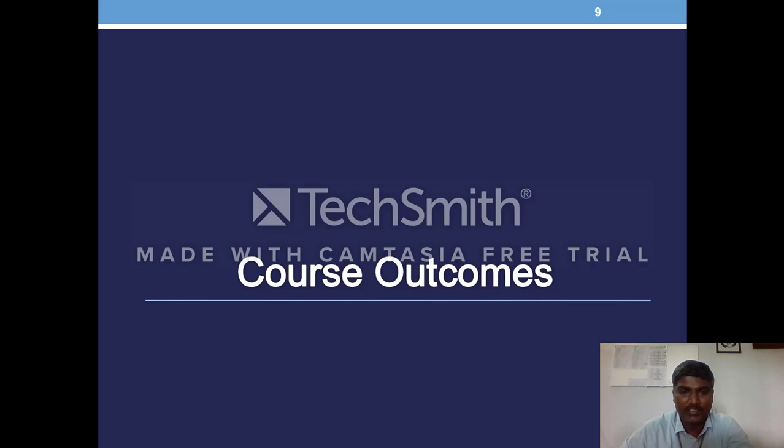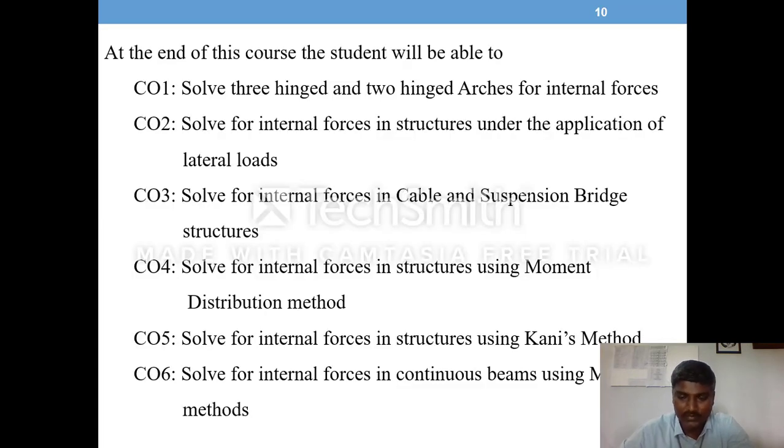Then let us see, as JNTU Kakinada has implemented the OBE model, outcome based education model, wherein we need to set the outcomes for each course. Those are called course outcomes.